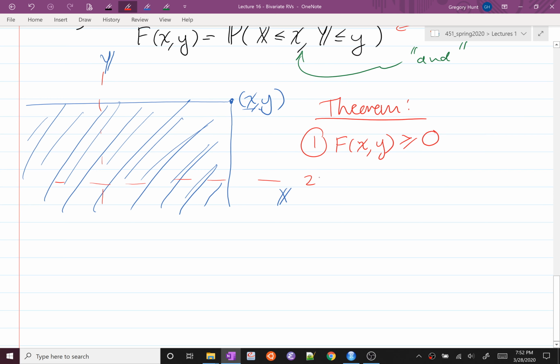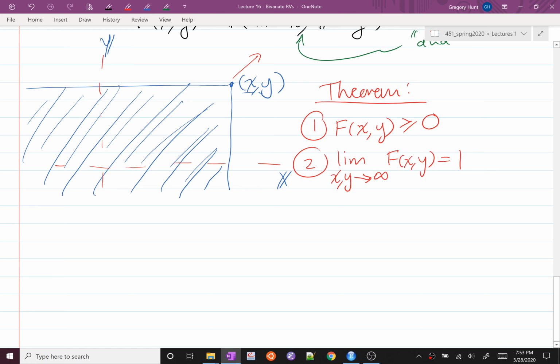And in the univariate case, we had limiting properties at 0 and 1. In this case, the limit as both x and y go to infinity of F of x, y is equal to 1, right? If I keep pushing this point out that way, eventually I'm going to subsume the entire R2, and then the probability better be 1.